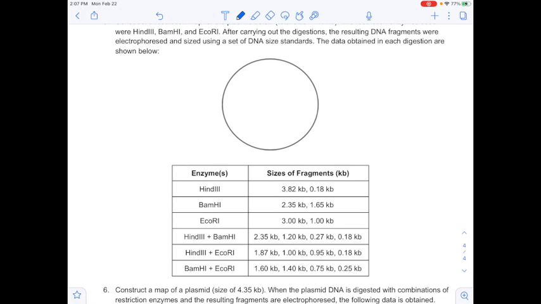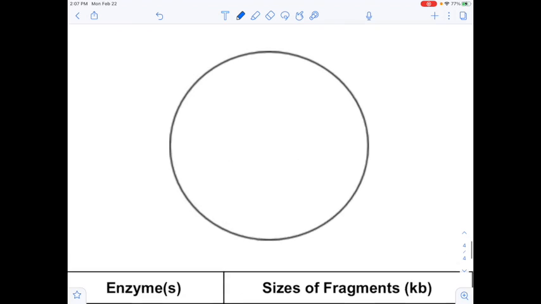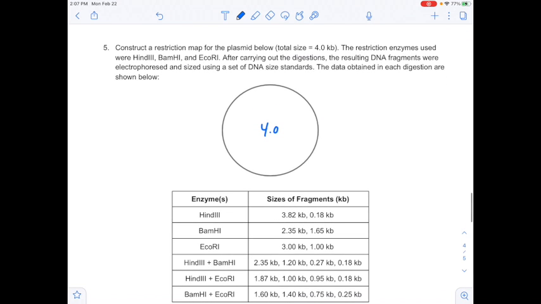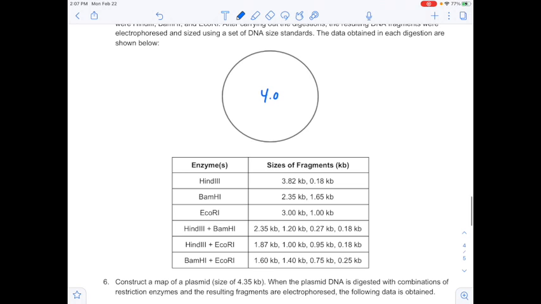Then I try to look and I say, okay, what about the BamHI? So again, the whole thing is 4.0, right? So we're dealing with the 4.0 kilobase (kb) plasmid. The BamHI is going to make two cuts with a 2.35 and a 1.65. And the EcoRI is going to do a 3 and a 1.